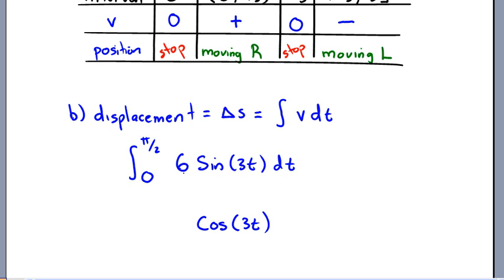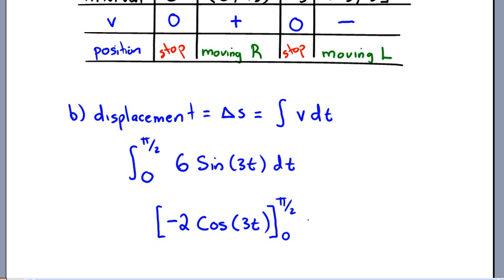And I kind of want to see a 6 here. So I kind of have to have a little 1/3 bodyguard, and then the 6, that's just going to reduce down to a 2. So overall, I've got a negative. That way the cosine can turn into a sine. And a 2 would be just perfect. That way when the 3 arrives from the chain rule, I'll end up with that positive 6. And I would evaluate at 0 and at pi over 2 just to see what I would get.